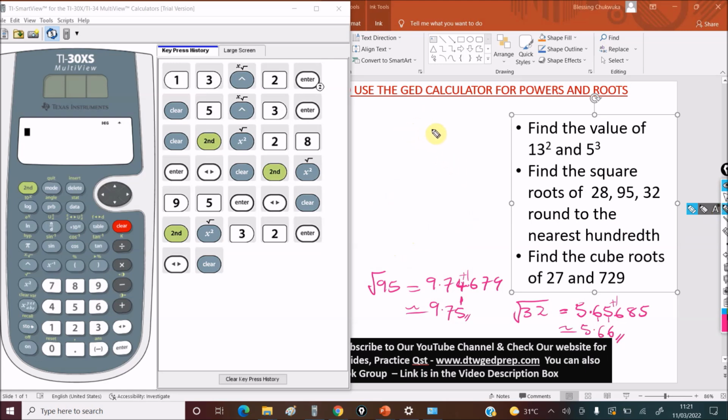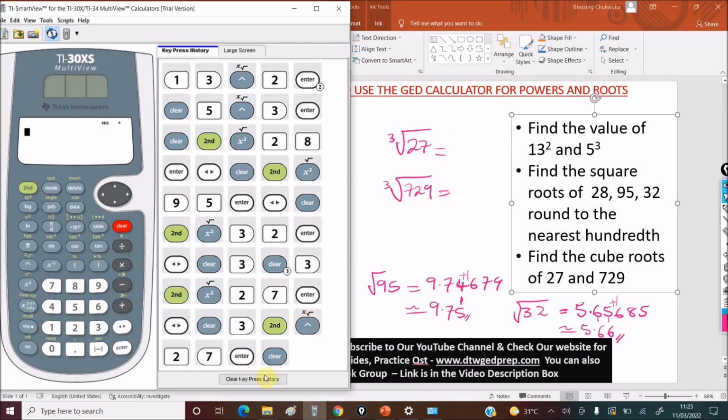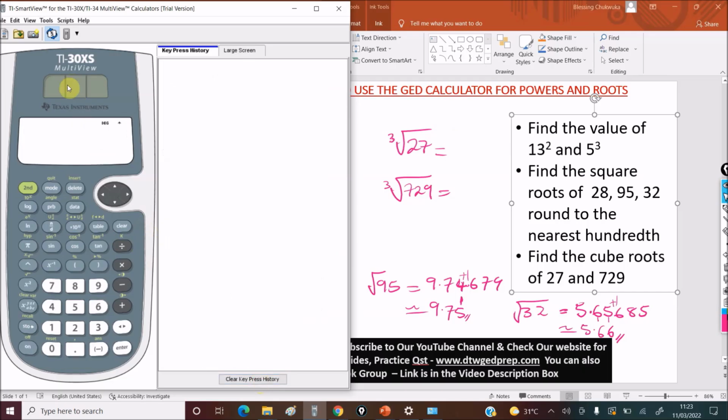Cube root is when we have the cube root of 27, with a 3 outside here. This is how we symbolize cube root. So we're looking for the cube root of 27 and also the cube root of 729.